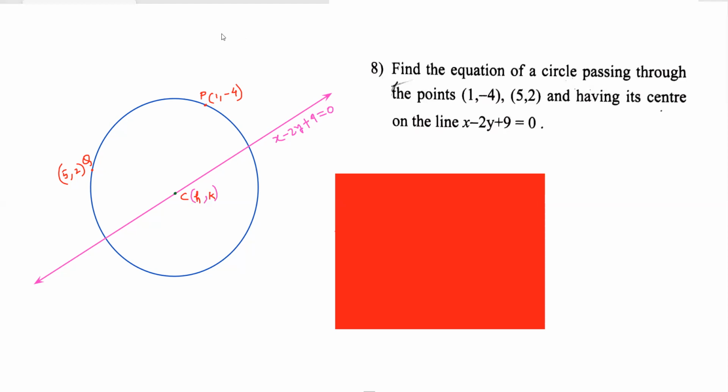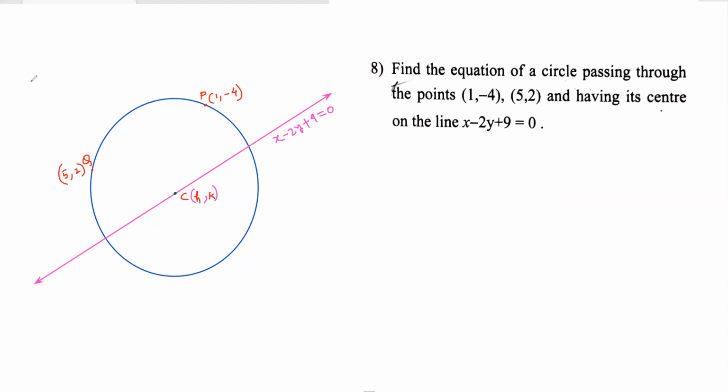I write here, my solution starts. The solution will also contain the diagram. The diagram will be inside the solution. So I will have: let C(h, k) be the center of the circle.